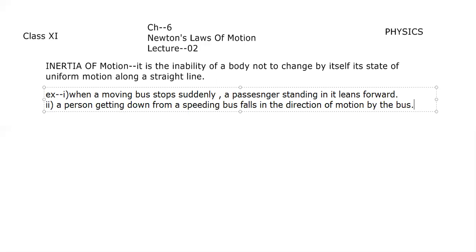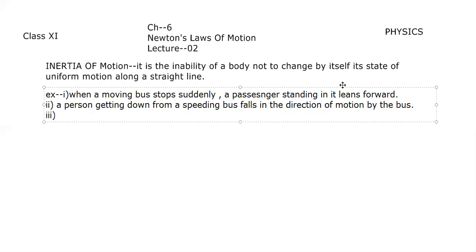Suppose you are getting down from the bus, you move in the direction of the bus. This happens. Why? Because of inertia of motion, the inability of a body not to change.